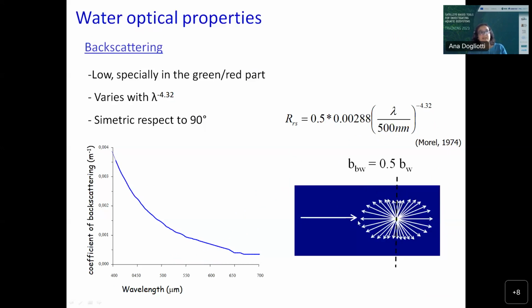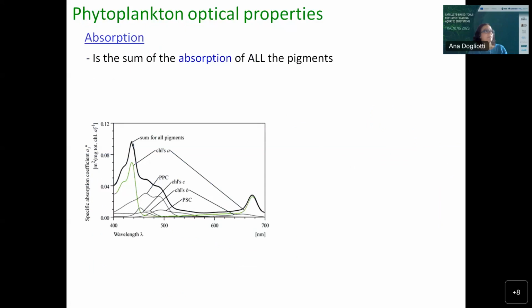So light coming this way interacts with a water molecule, and the light is scattered in all directions in a symmetrical way. So basically, the backscattering of the water is half the total scattering of the water, which simplifies the equations a lot.